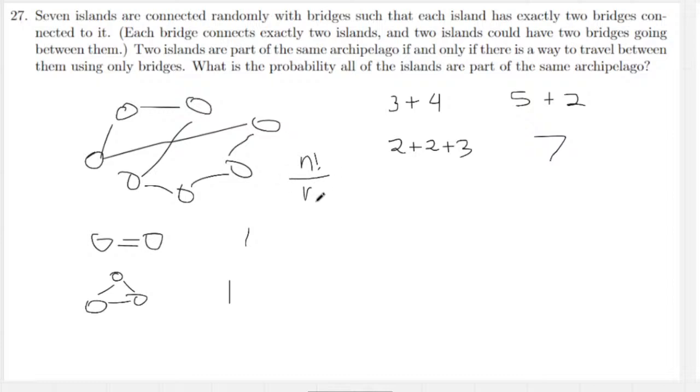First is rotation, right? It doesn't really matter which one you start on, as long as you go in the same direction, right? As long as your cycle continues around like this. But at the same time, what if you just go in the opposite direction? The bridges are bidirectional, so it doesn't matter which direction you travel, as long as it's a cycle. So we have to divide by another 2.